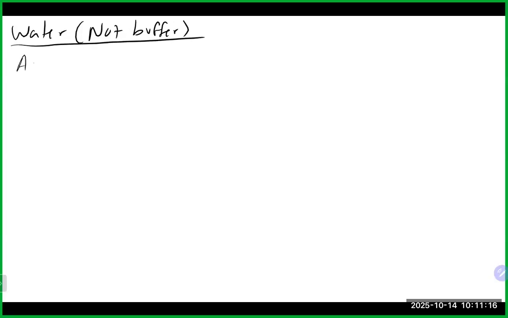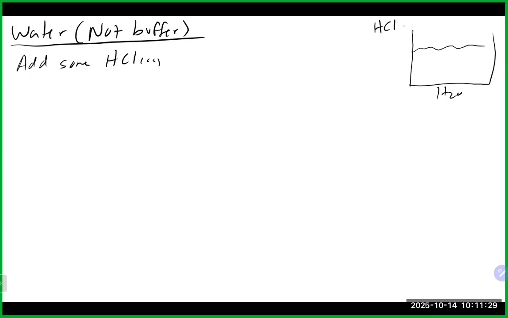Let's take a look at something that's not a buffer, which is water. So water is not a buffer. And let's say that in water, we wanted to add some hydrochloric acid. So here's my beaker of water. And here I'm going to add some hydrochloric acid to it.